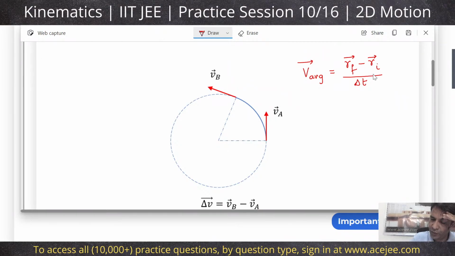Fairly simple and straightforward definition, similar to what we had in one-dimensional motion. Average acceleration is also final velocity minus initial velocity divided by the time duration. Now, if the particle is moving at constant speed, that means that the magnitude is the same.